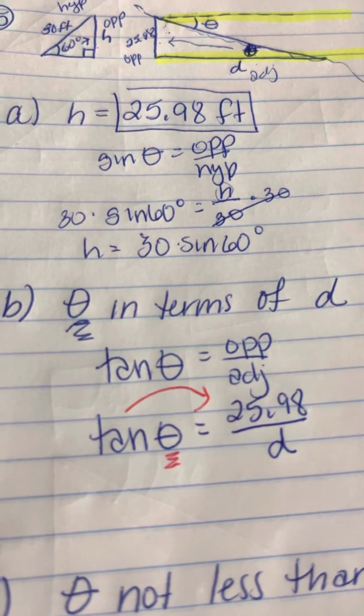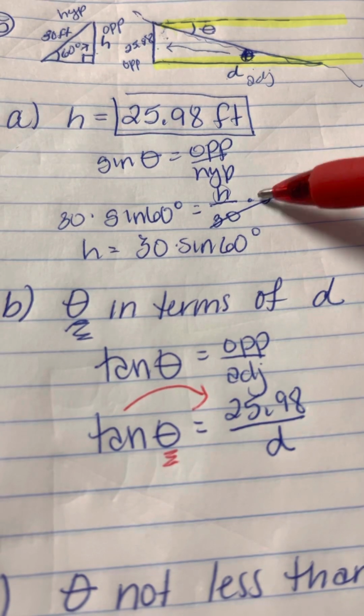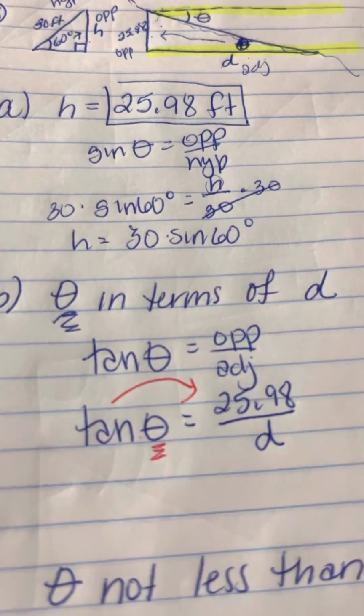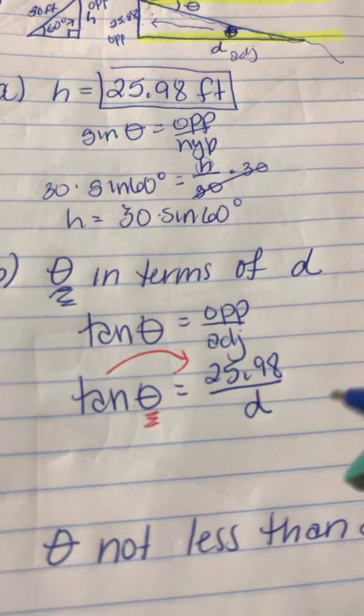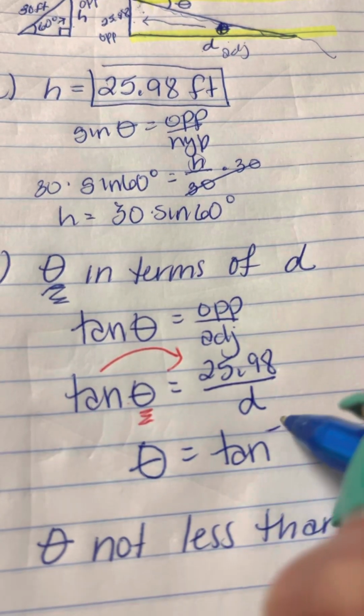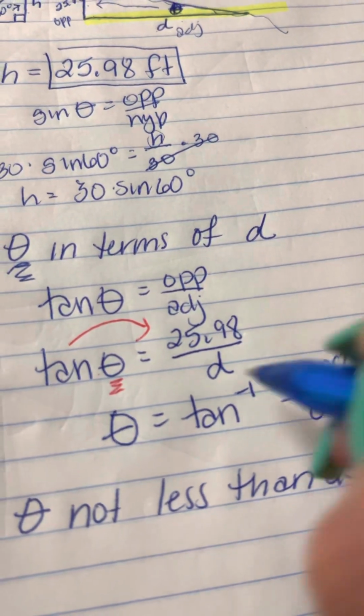So when I move from one side to the other, just like I did up here, I had to do the inverse operation, so I have to do the inverse here. So to move tangent over there, I have to do the inverse of tangent. So theta then equals the inverse tangent of 25.98 over D.